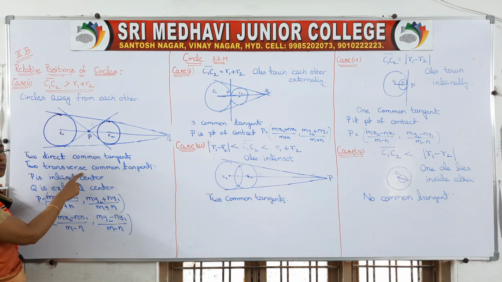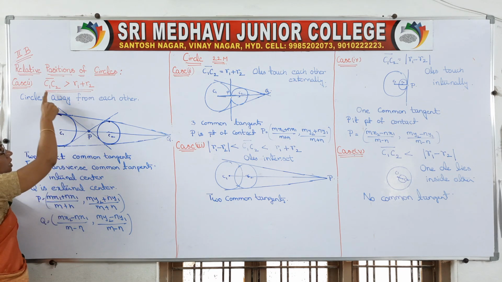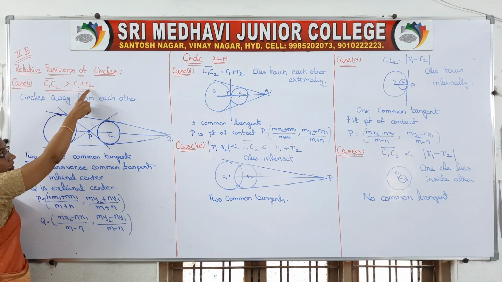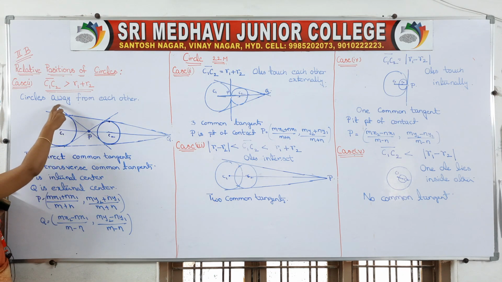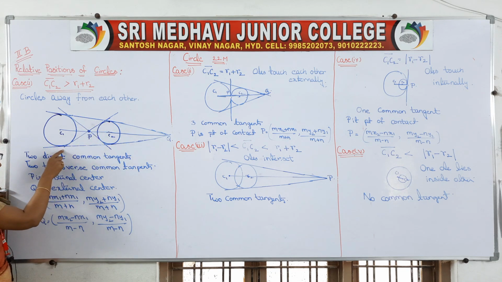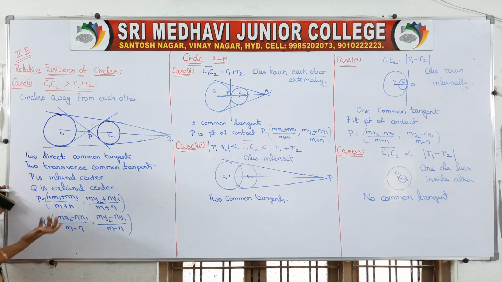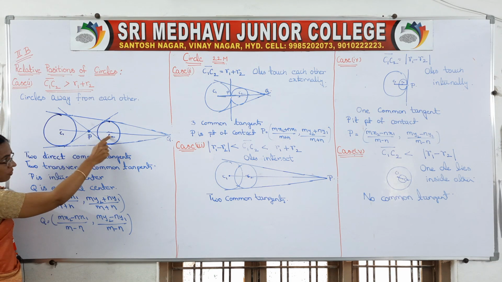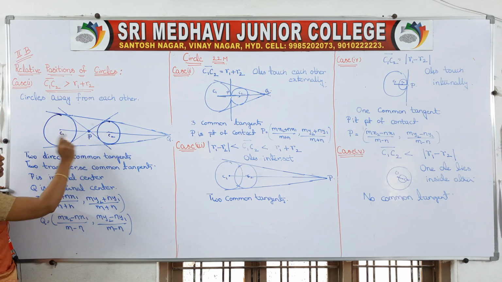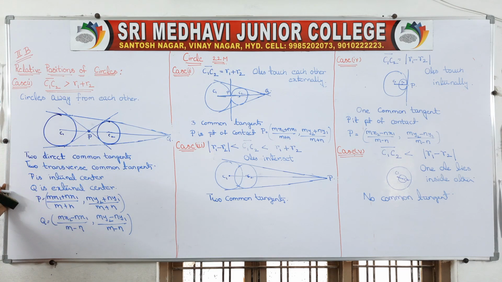So, 2 plus 2, 4 tangents are possible whenever C1 C2 is greater than R1 plus R2. Okay. And the point of intersection of transverse common tangents is called the internal center. Why are we saying internal center? That point lies in between C1, C2. That's why it is the internal center.